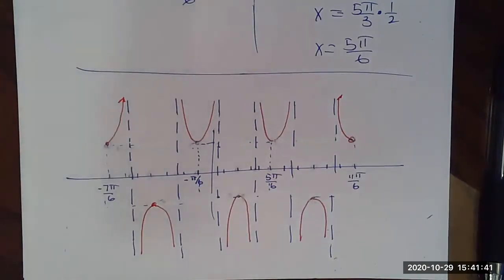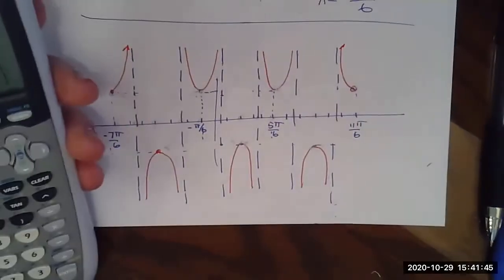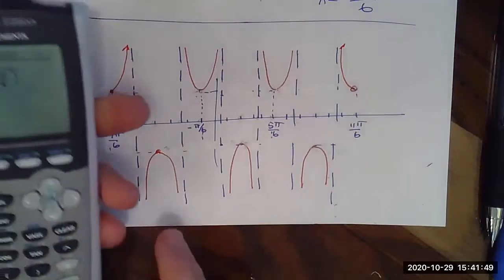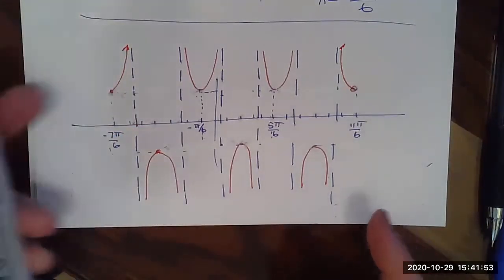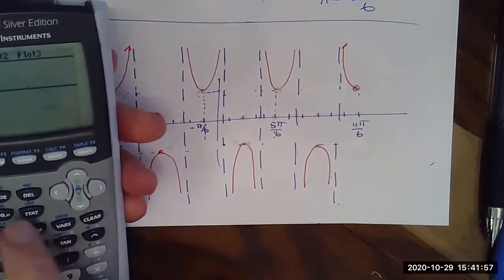And if you want to check it out with your calculator, equals, okay, what am I graphing? A secant. A secant. That's 1 over cosine. So 1 over cosine.